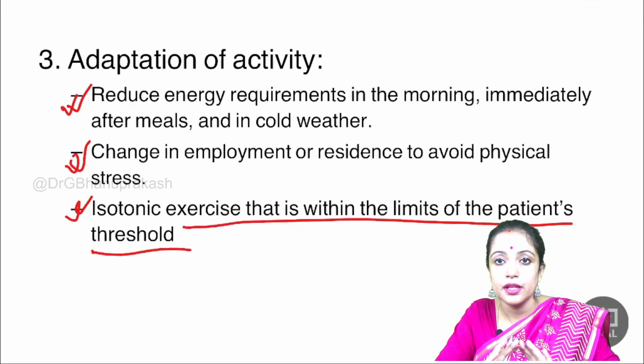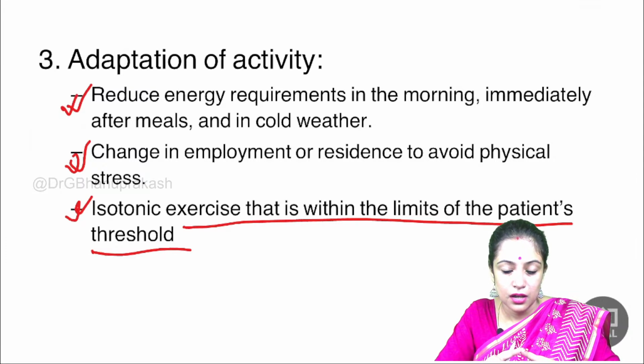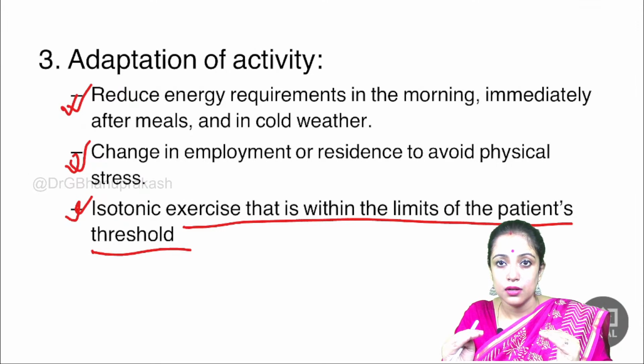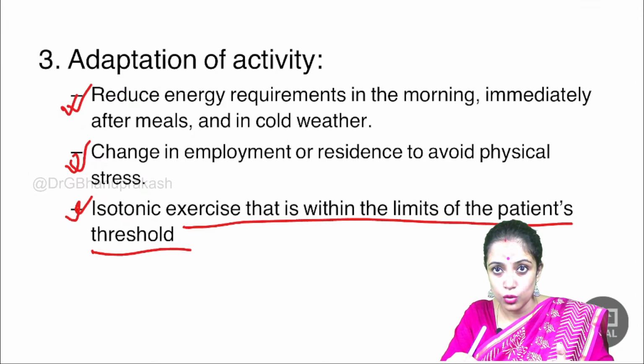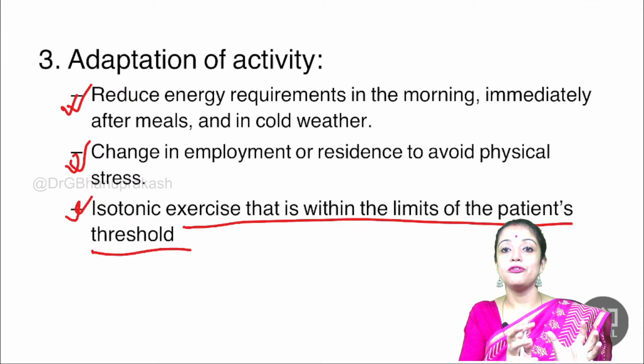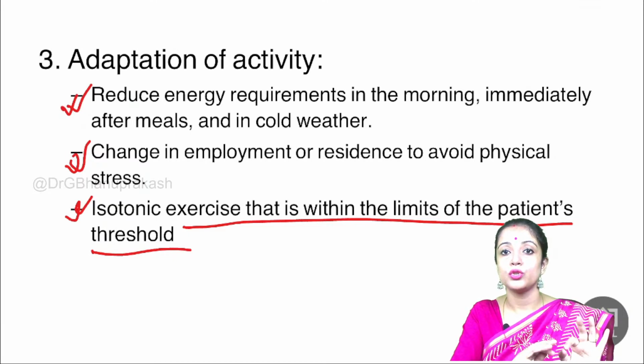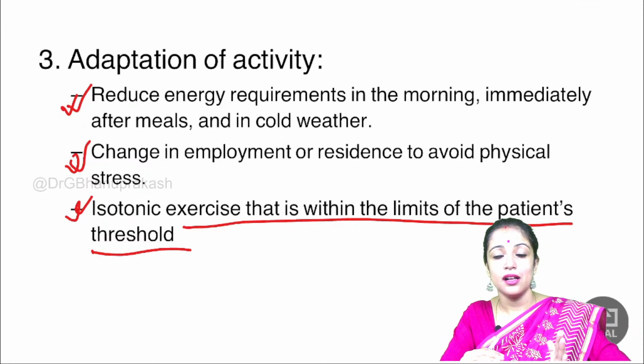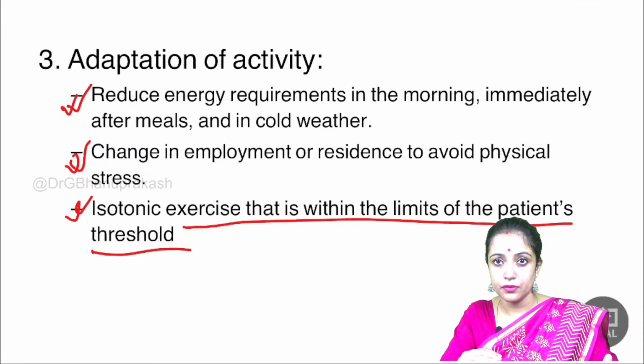Now, one thing I want to mention here regarding the adaptation or limitation of activity: we can use the results of the treadmill test. Because in the treadmill test, we subject the patient to an external workload, so we can quantify the workload which will result in stable angina in a particular patient.